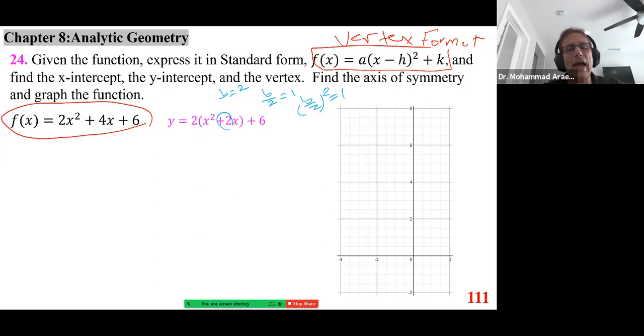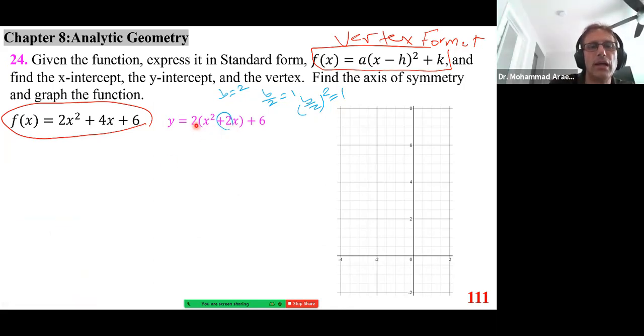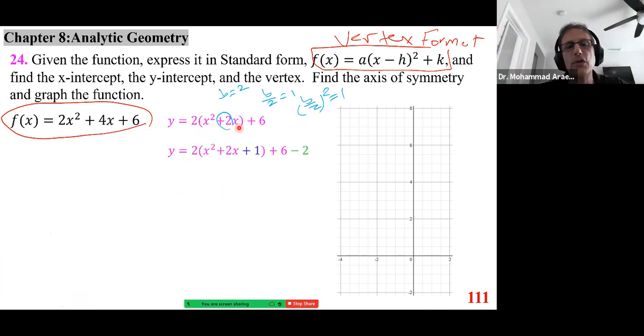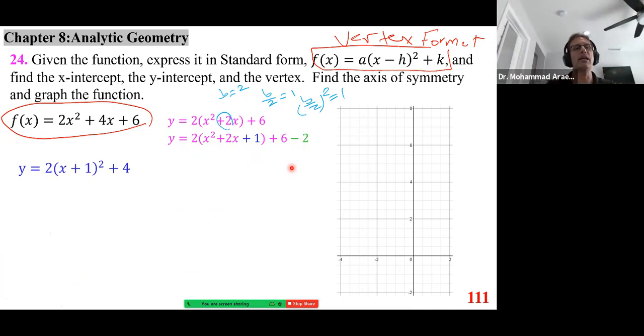So you need to add 1 inside, but when you add 1 inside, that means you're adding 2 times 1, and therefore you're going to subtract 2. So pay attention to the fact that when we add 1, since the 2 is outside, we are really adding 2. To undo it, we do minus 2, and now it's in the form that was asked. The vertex is located at -1, 4.